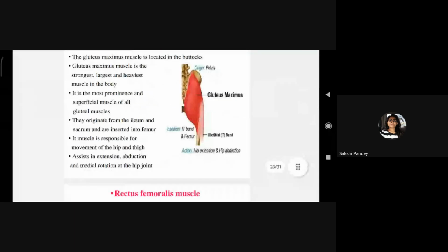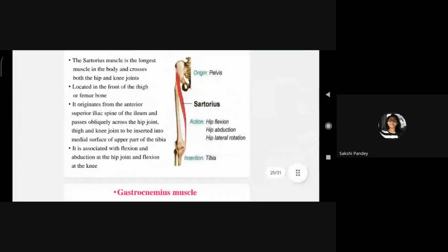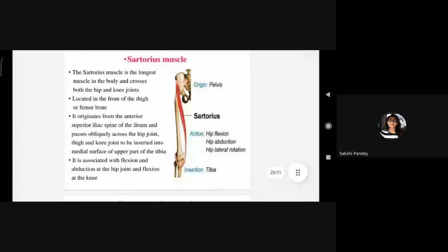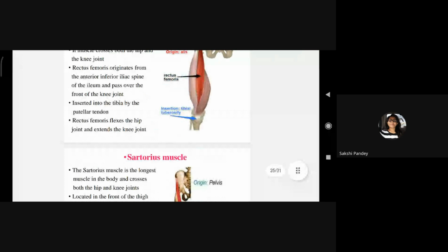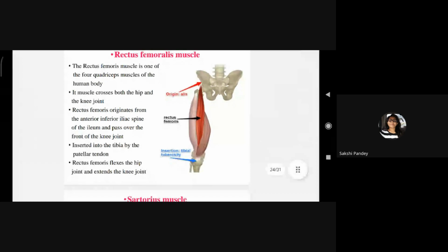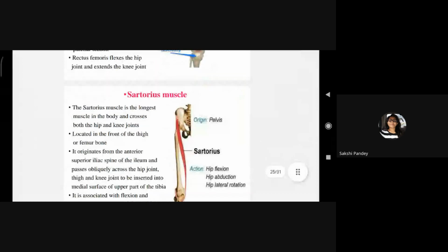Okay. So from today we will start sartorius muscle, right? We have completed yesterday rectus femoris, that is part of quadriceps, which is present in thigh, in front side of thigh. Next is sartorius muscle.